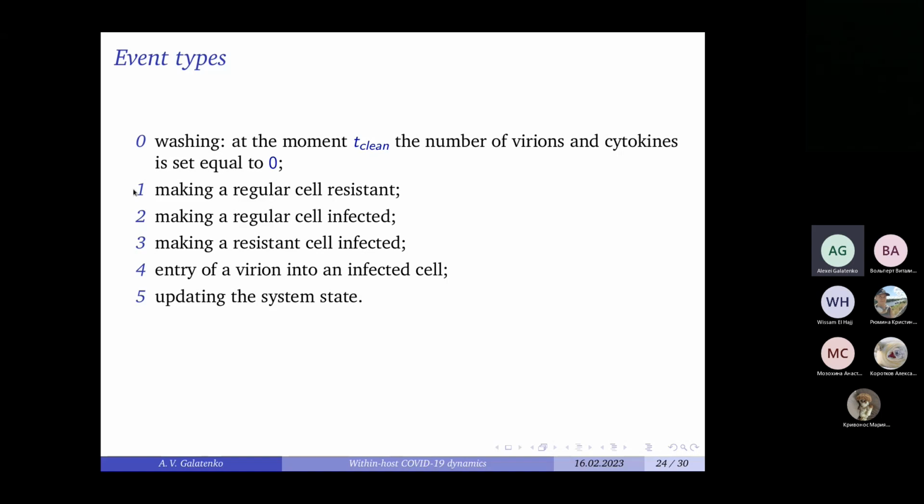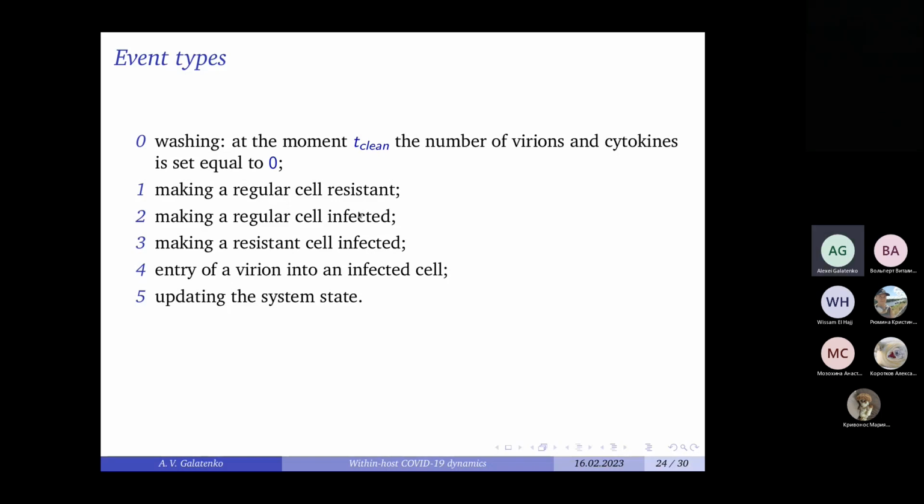And now let's switch to the regular events. The event of type 1 is making a regular cell resistant. A cytokine enters a regular cell and makes it resistant. Event type number 2 is making a regular cell infected.